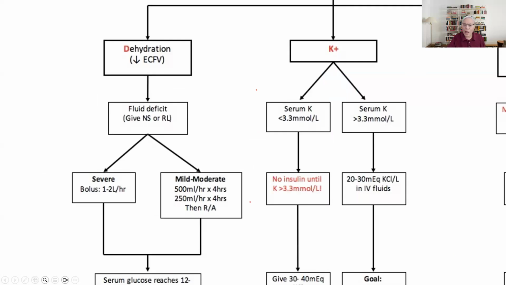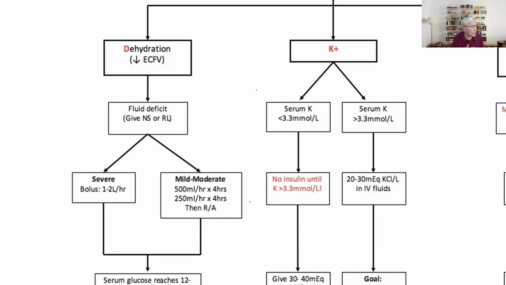So what do we do after initial stabilization of circulation? Well, we're going to address the dehydration. The correction of fluid loss makes the clinical picture clearer, and it's a lot easier to correct acidosis once you treat the dehydration.